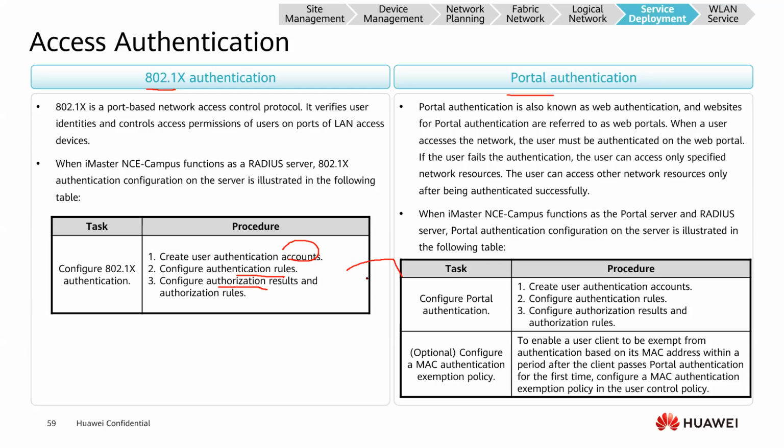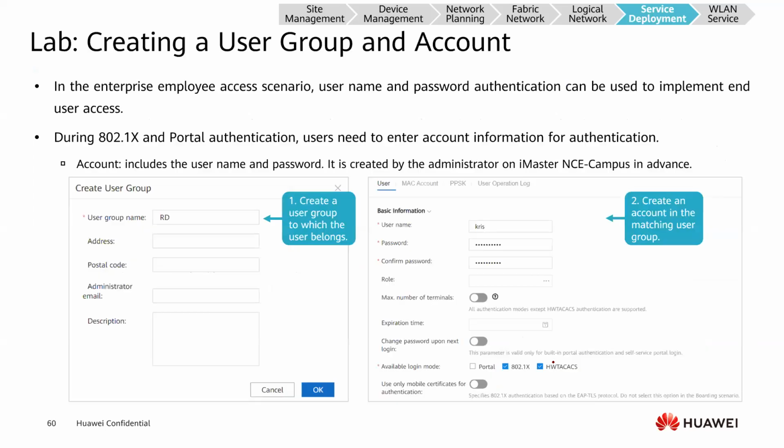And if you want to use the MAC address prioritized portal authentication, you need also to configure this optional function for the portal authentication.